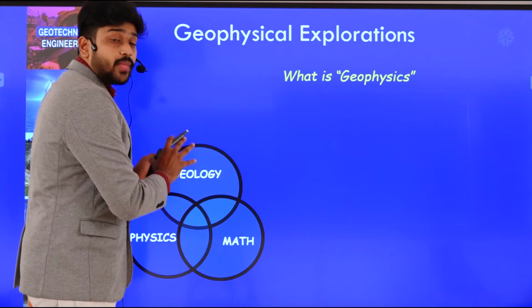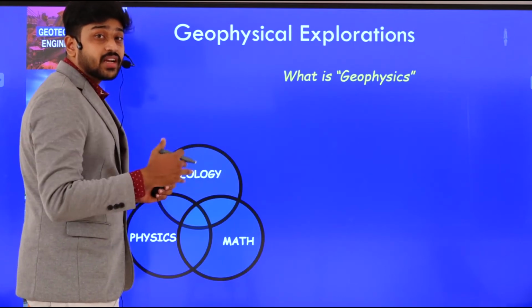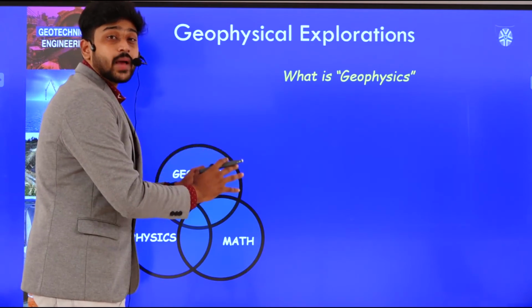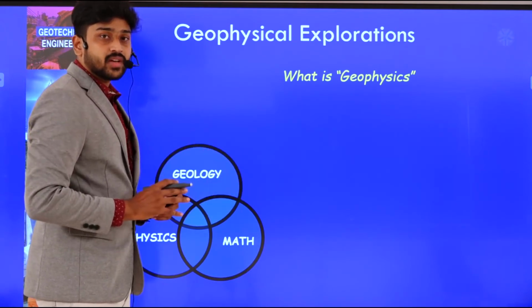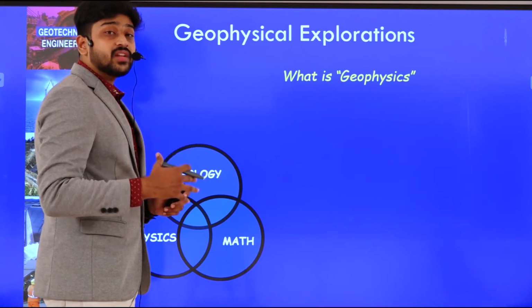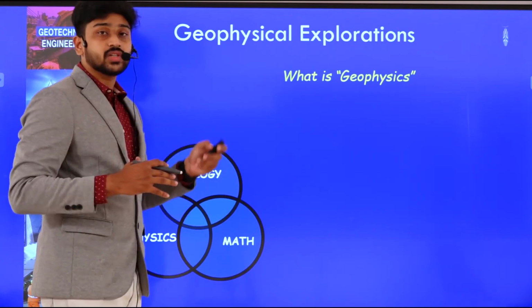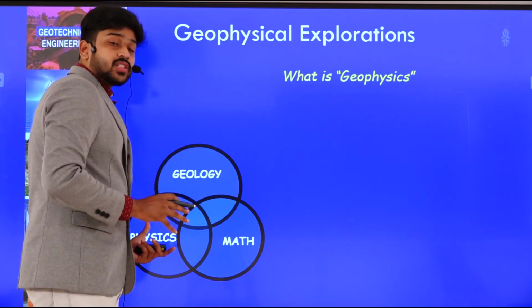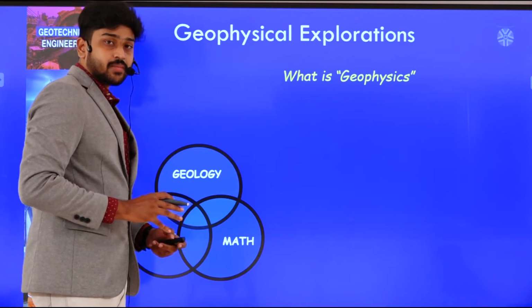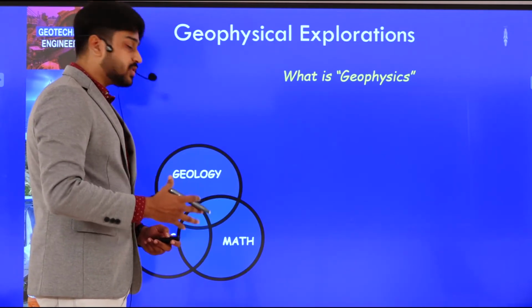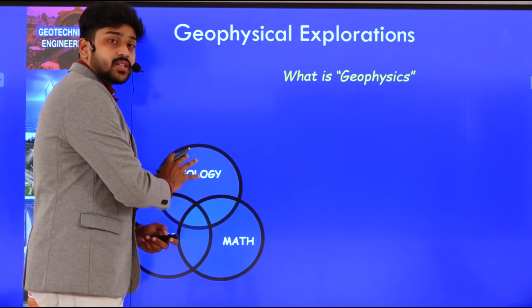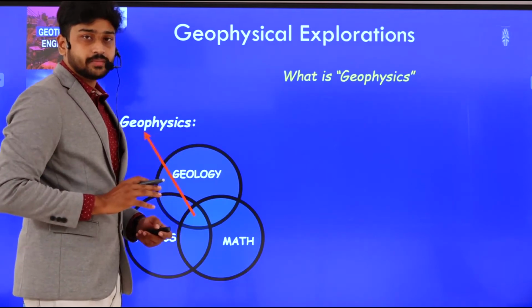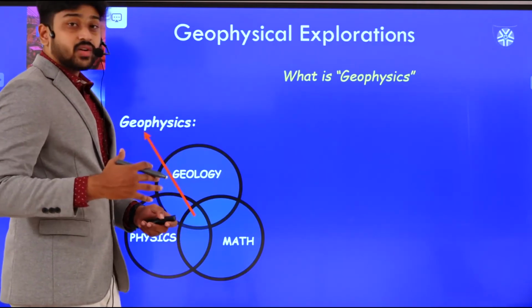The combination of geology, that means related to the earth, using the concepts of physics as well as applying certain math, for the evaluation of soil type is nothing but geophysics. Simply, I apply the concepts of physics and mathematics on this geology to understand the soil type, and that is geophysics. Clear? So let us try to understand more in detail.